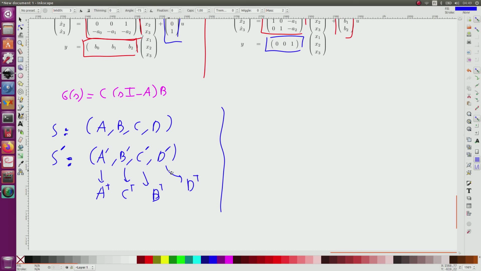So how can I prove it? I take S prime and I will compute G prime, the transfer function for it.